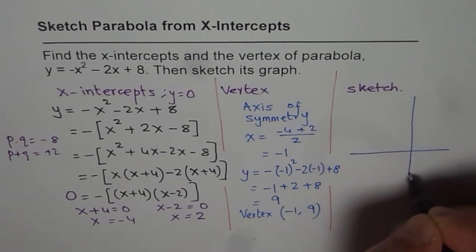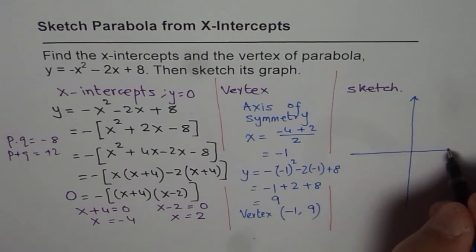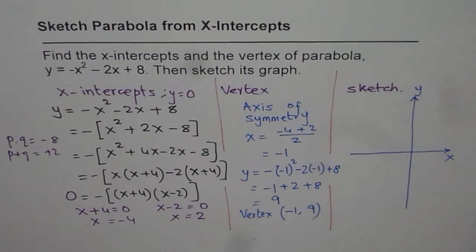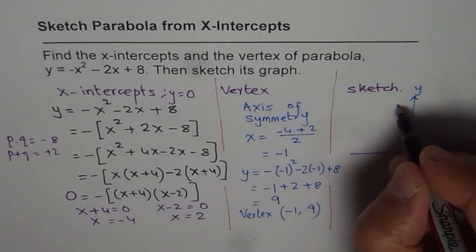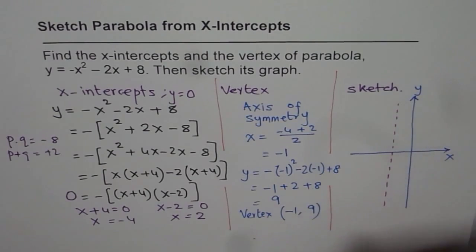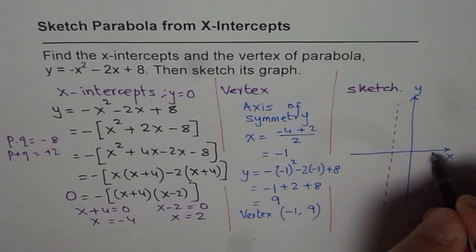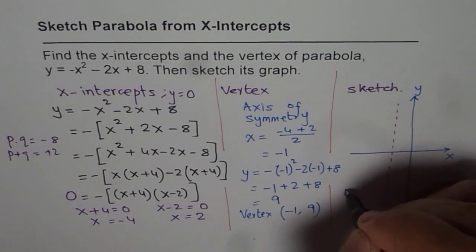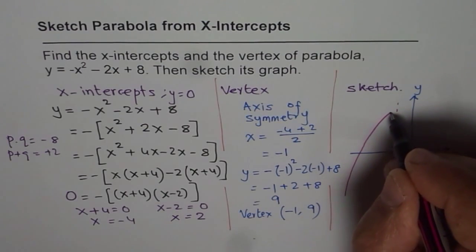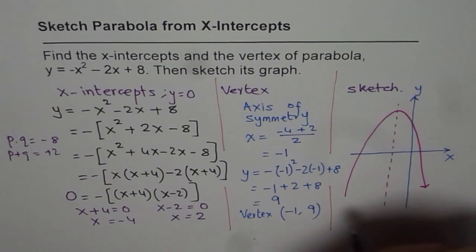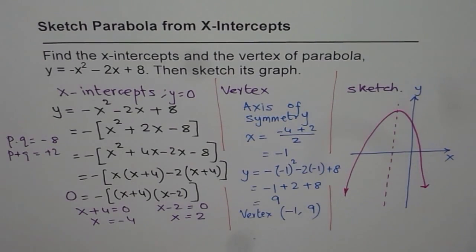This is my x-axis, this is y. Let us say this is my -1, the axis of symmetry. The parabola opens downwards with the intercepts, one on this side, which is 2, and the vertex at 9. So we can just draw a parabola, turn it down from the axis of symmetry, and then bring it down. That way you can always sketch a neat parabola.